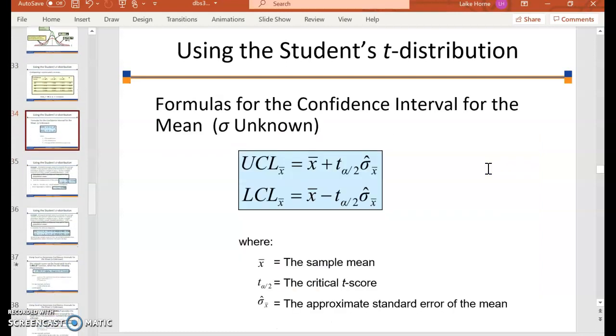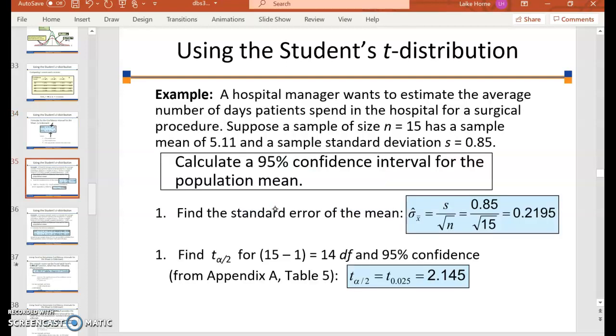Okay, here's the formula for the confidence interval. It's very similar. Everything's similar here, except instead of using Z, we're going to use the t-distribution. But the idea behind it is the same. The concept behind it, like a 95% confidence interval, you're going to replace sigma with S, which is still a standard deviation.